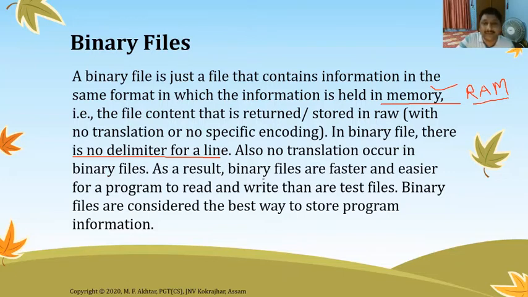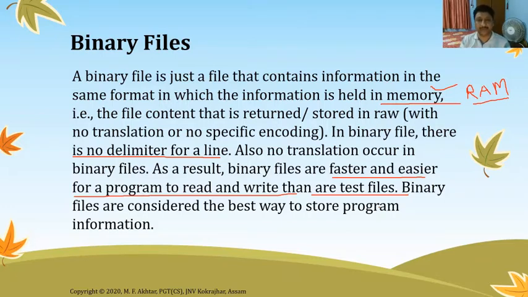As a result, binary files are faster and easier for a program to read and write than text files. So for a Python program or any program, these files are easier to load, easier to read and easier to write. That's why it becomes faster.